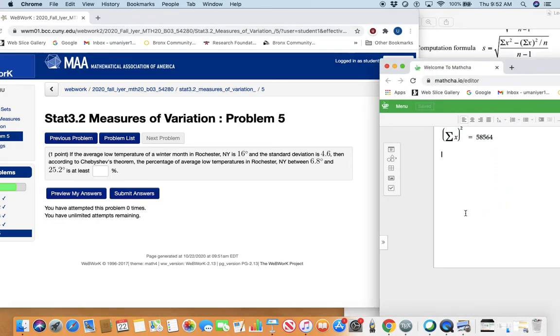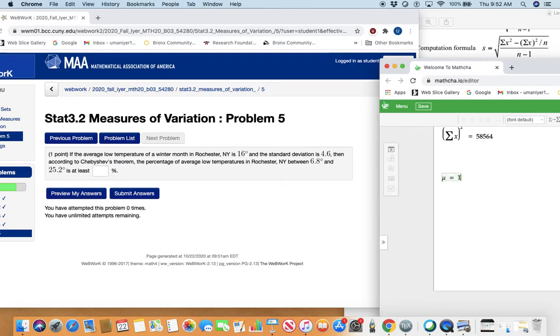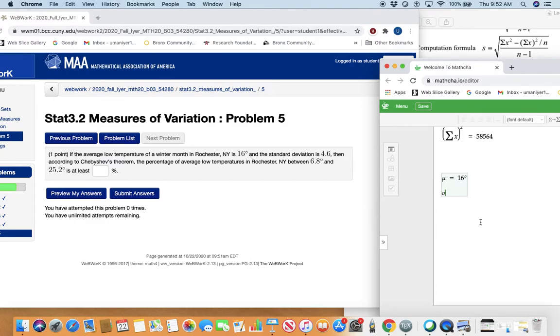All right, so let's figure this out. What are they saying? Average low temperature. So they are talking about mu to be 16 degrees. And then they are saying standard deviation, sigma, is 4.6.